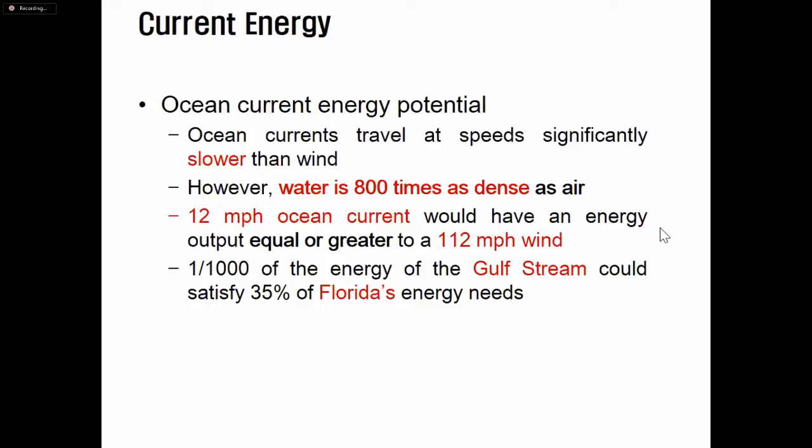Right? So only 1,000 of the energy of the Gulf Stream could satisfy 30%, 1/3 of the whole energy mix. It's a big energy, but it's not easy to capture.